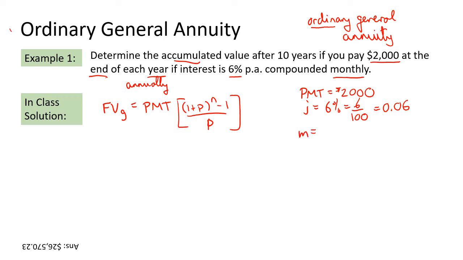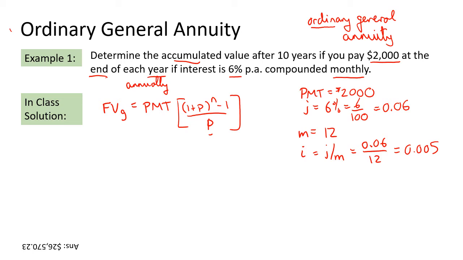M, our number of compounding periods per year, is 12. So we can calculate our periodic interest rate, I, which is equal to J divided by M. That's equal to 0.06 divided by 12, or 0.005. The only difference is we need to use this to calculate this interest rate P.